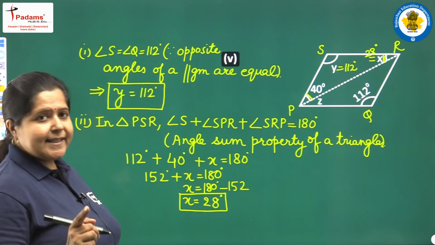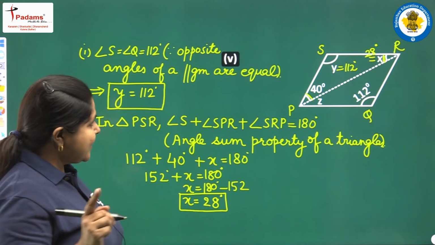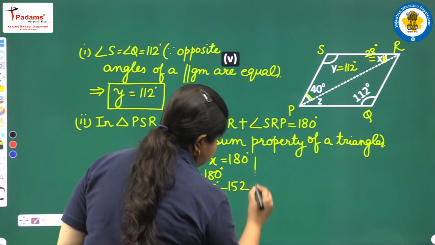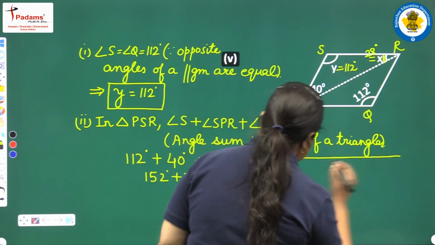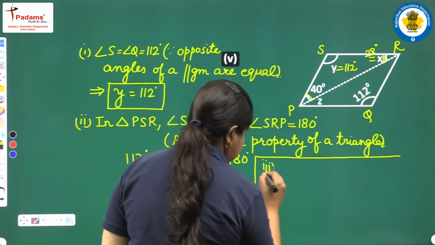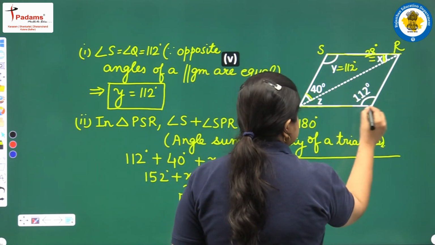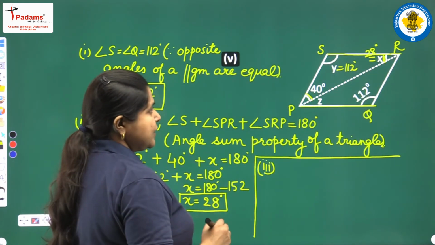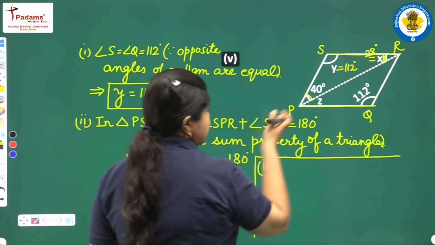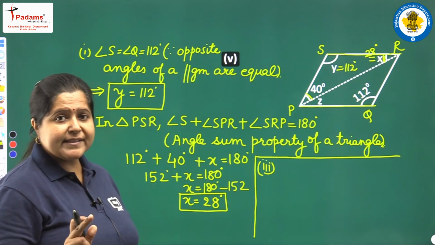Now what is left is angle Z. Here again you can see, we will write it here, the third one, Z. This side SR is parallel to PQ, and this dotted line RP is a transversal here.